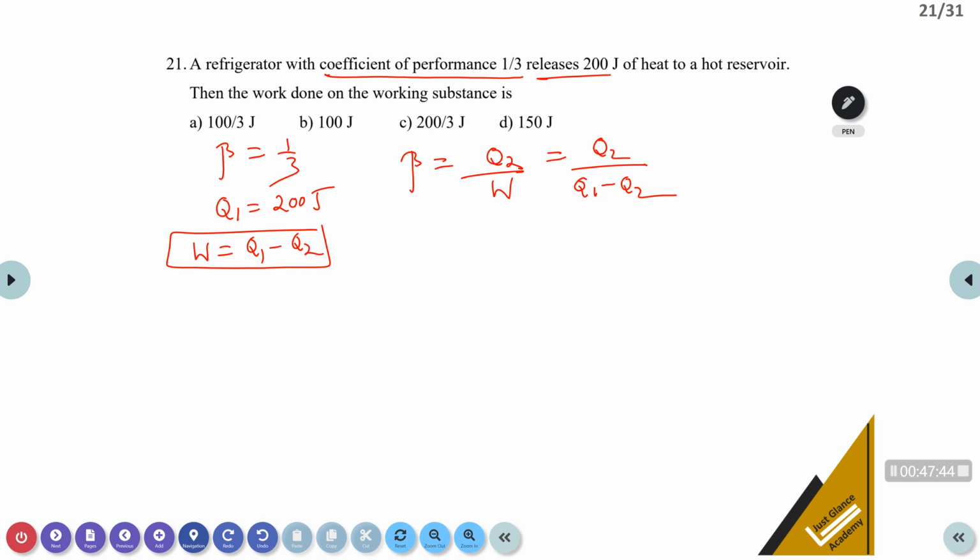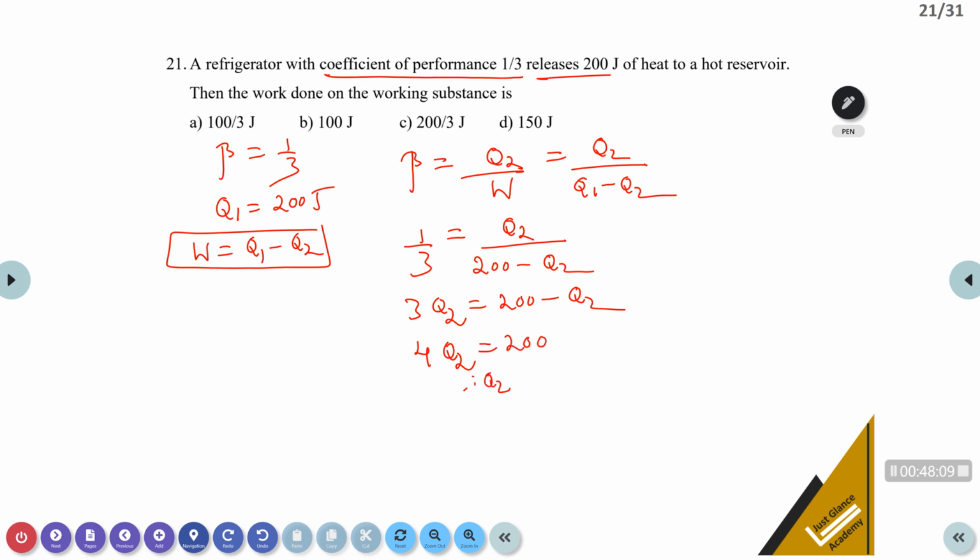You know the value of beta, it is 1 by 3 equal to Q2, I don't know that, Q1, I know this, 200 minus Q2. So 3Q2 equal to 200 minus Q2. So this becomes 4Q2 equal to 200. Therefore, Q2 equal to 200 divided by 4 equal to 50 joules.